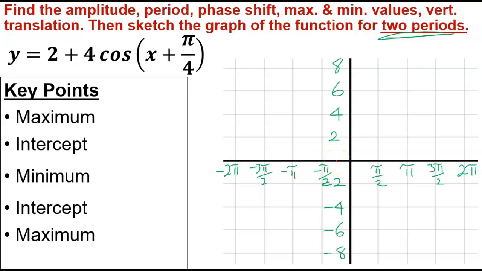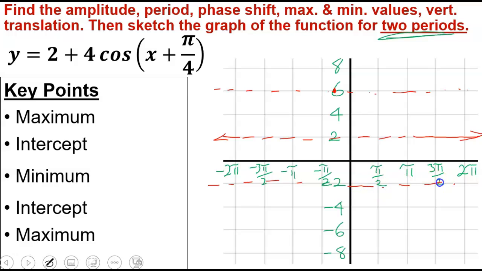The x is -pi over 4, the y is 6, so it's going to be somewhere here. And by the way, the midline is here. I have to draw that. And that's the maximum line. And the minimum is at -2.